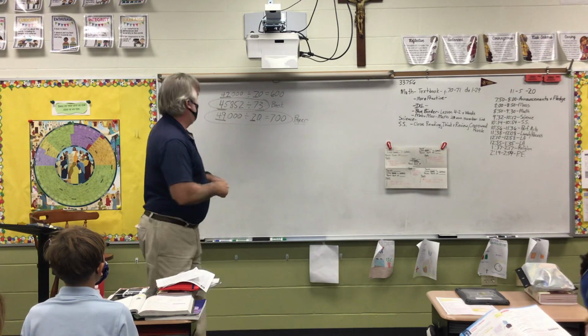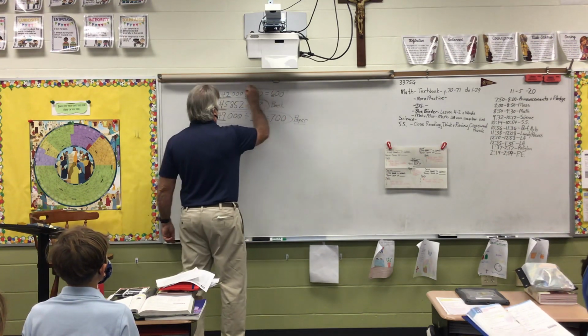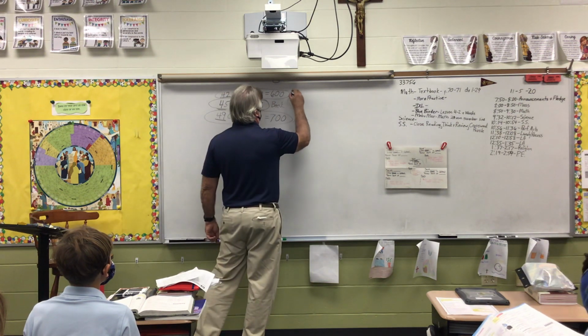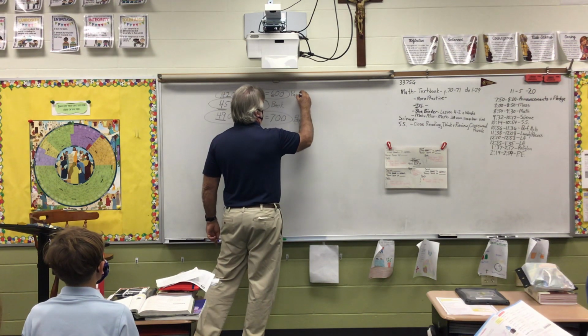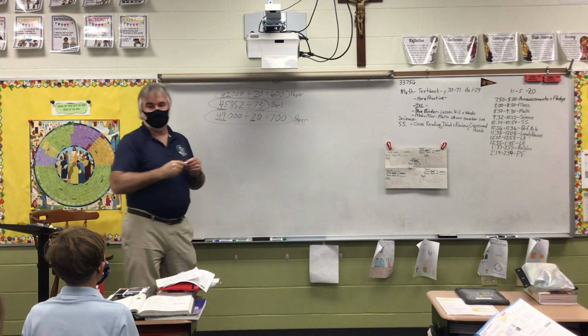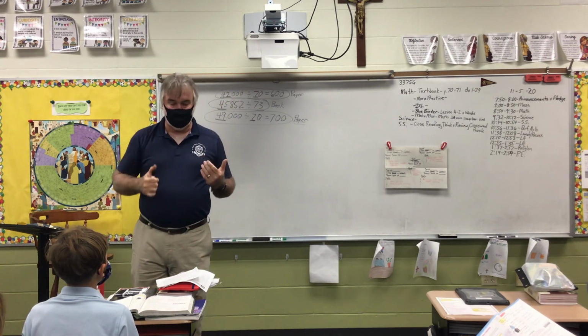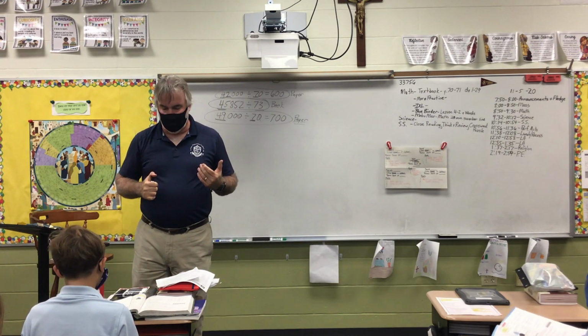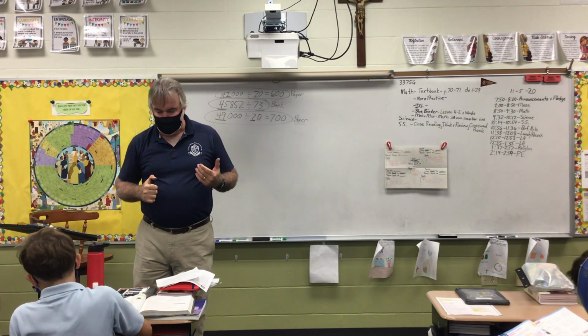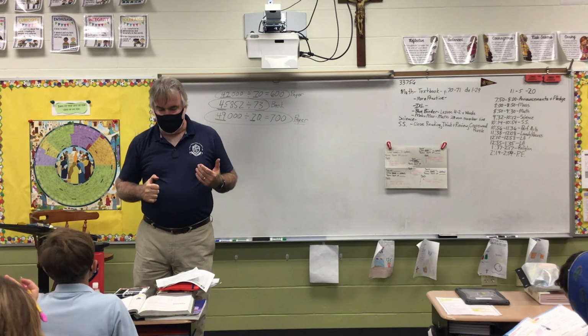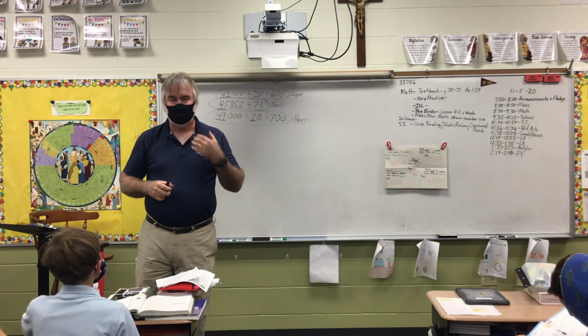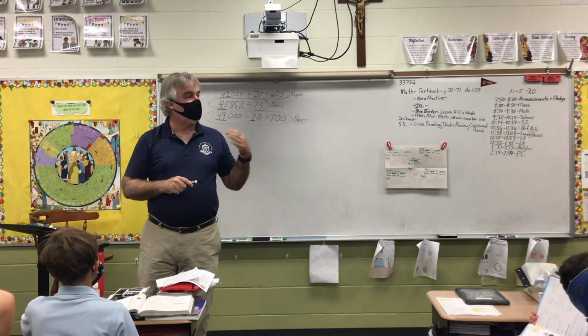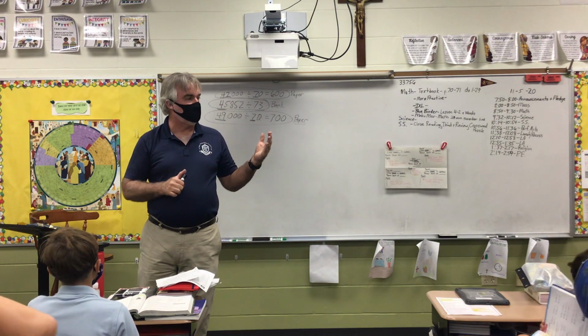Okay? Now, could you write this on your paper? Absolutely. One of the two. Or you could write them both, because there might be one that says, nope, there isn't. Okay? But you could get two reasonable answers.